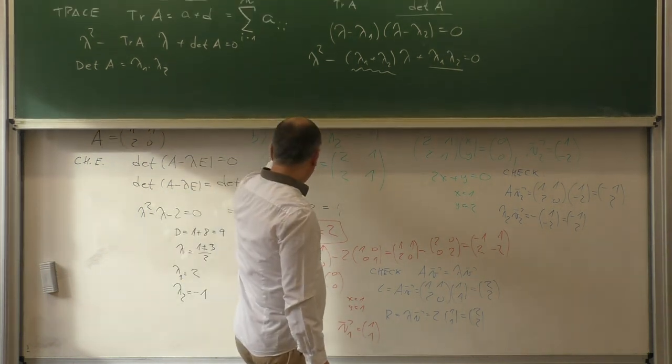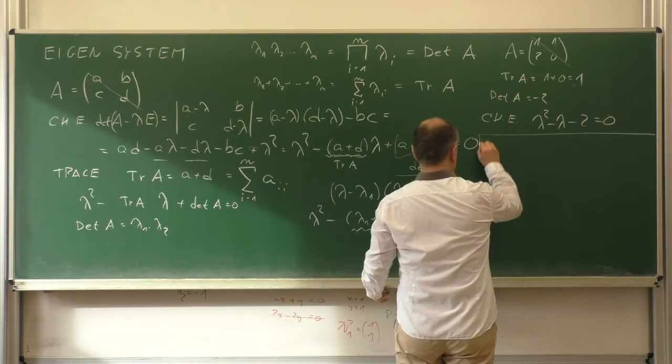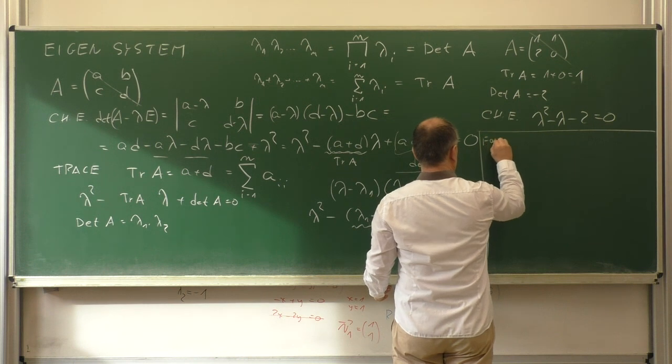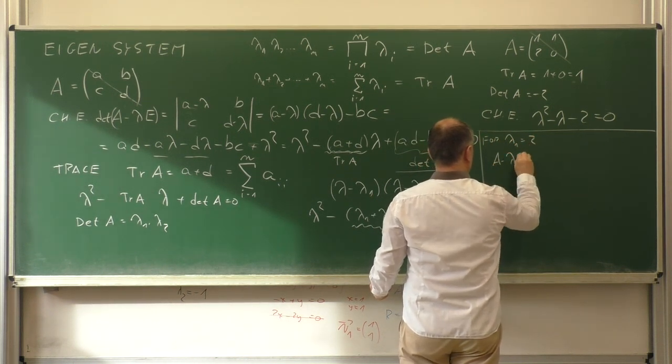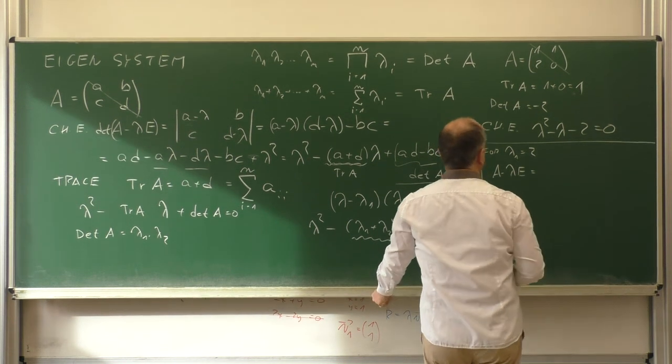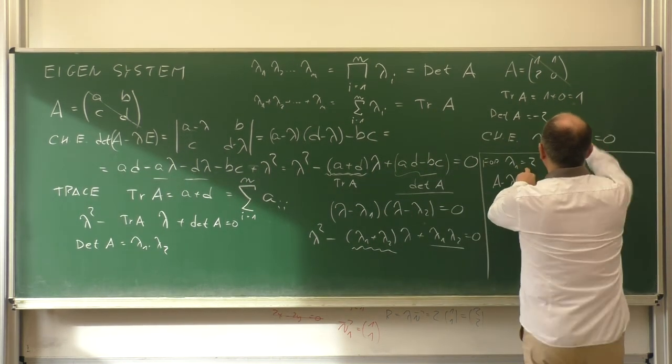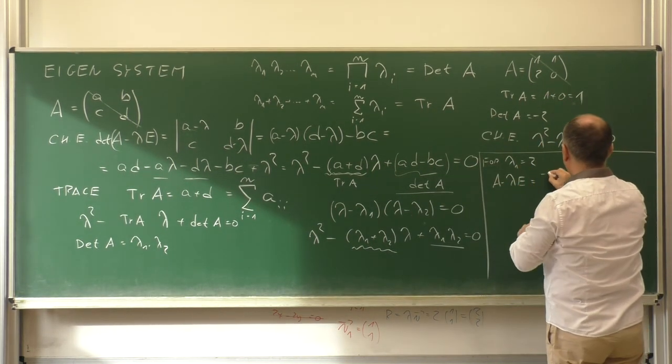So when lambda 1 is 2, we subtract 2 from 1, which gives minus 1.